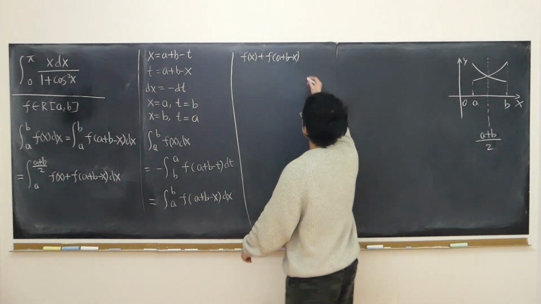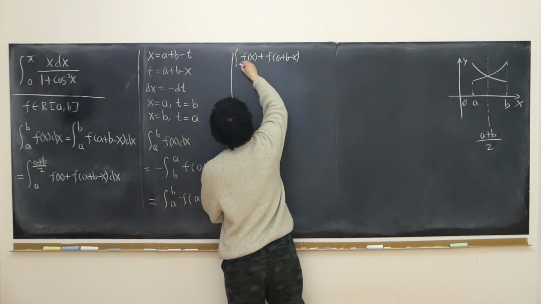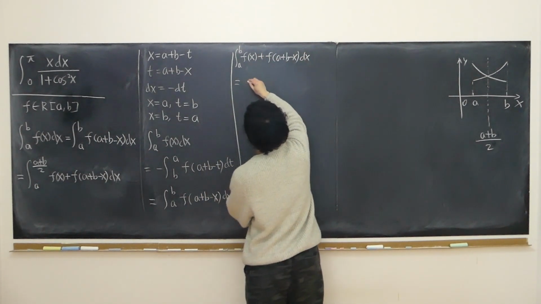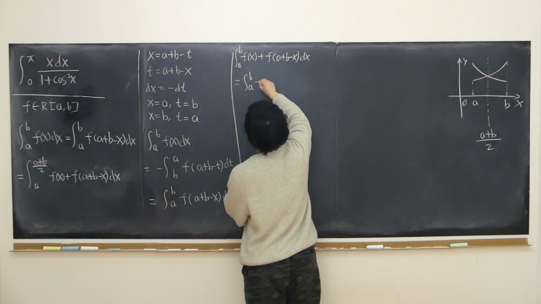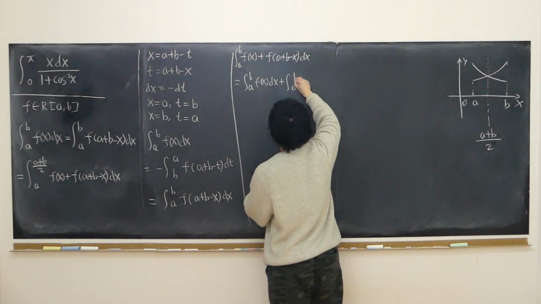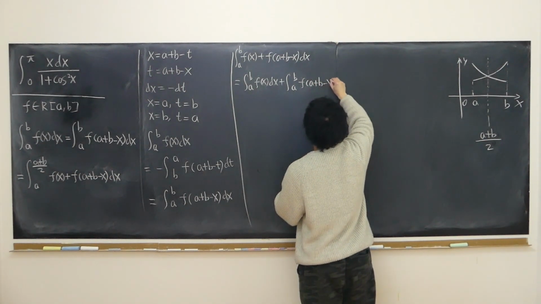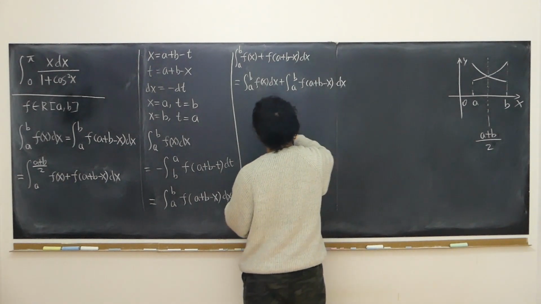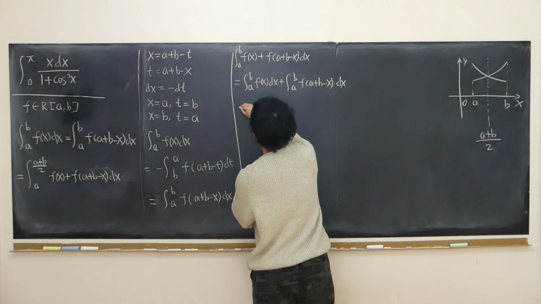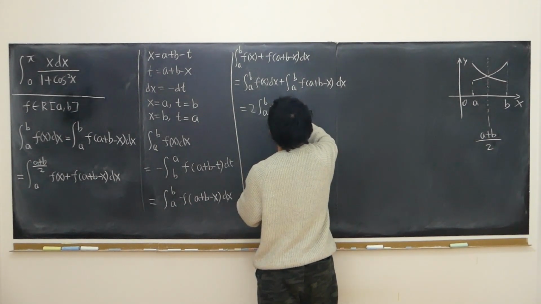Now, if we want to integrate it from a to b dx, then that is essentially equal to the integral of f of x plus, we can just split it into two integrals, f of a plus b minus x. Now, since we've proven that this integral and this integral are equal to each other, therefore that is just twice the integral from a to b of f of x dx.